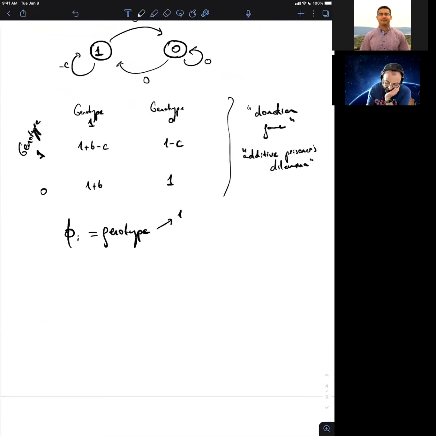It's 1 if cooperator, which donates B and pays a cost C, and it's 0 if defector, which doesn't donate, no donation, no cost. Okay.